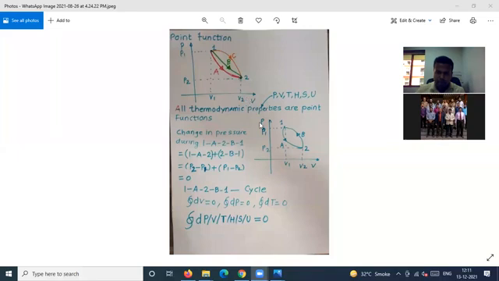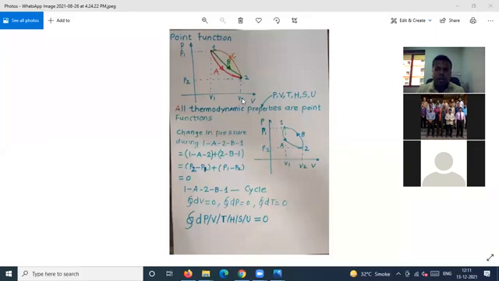Yes, sir. See, similarly, when you move through 1B2 and you need to calculate the work done during 1B2, how will you calculate? You need to calculate the area below 1B2. Similarly, when you move through 1C2, you need to calculate the area below 1C2.